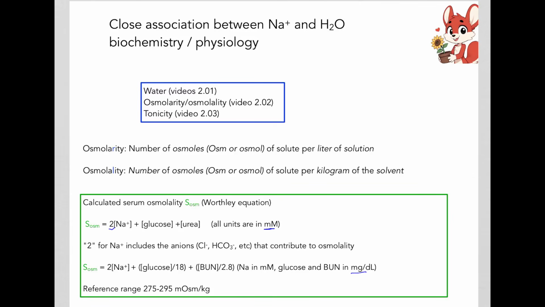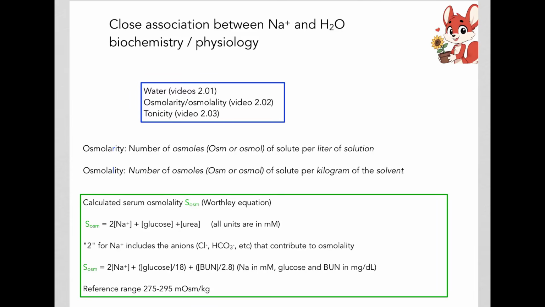Now, the reason why we have this 2 here for sodium is because sodium doesn't exist by itself. It always has an associated anion, and this anion most often is chloride, but it could be bicarbonate or something else that could also contribute to the osmolality.